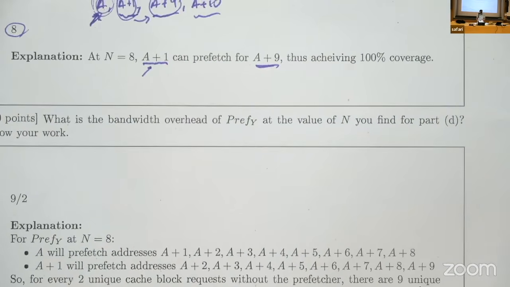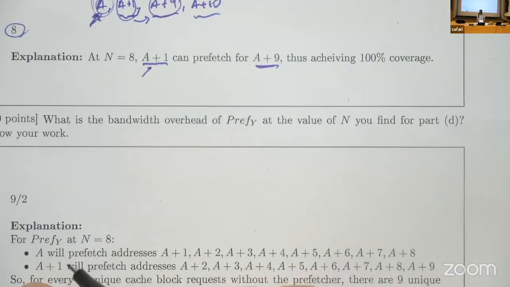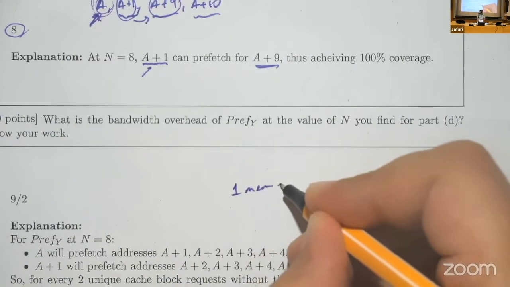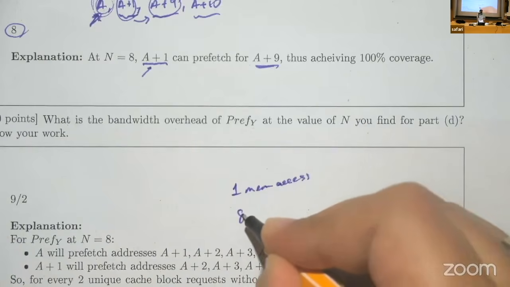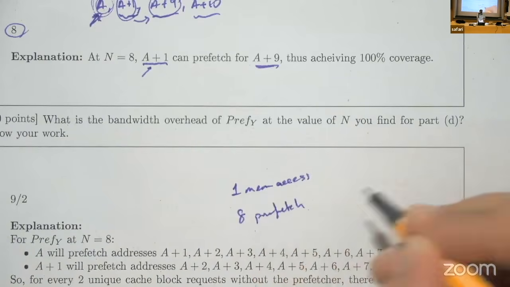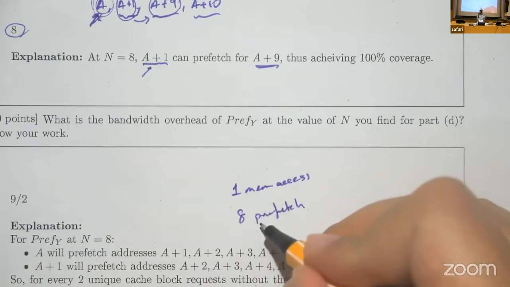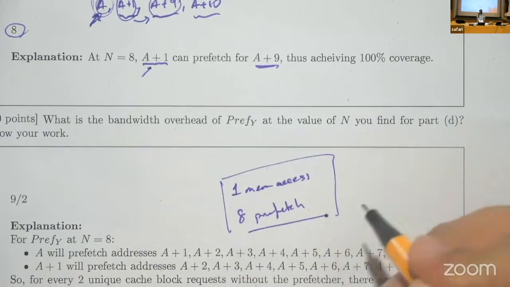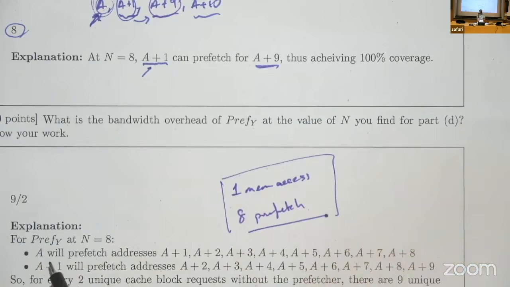You can consider this like, for a memory access, how many prefetch operations I will have. When n is 8, with the prefetcher you will have one memory access, let's say the real access, and 8 prefetch operations. This is basically what changed with the prefetcher. Accessing A will prefetch all these A+1, A+2 up to A+8.